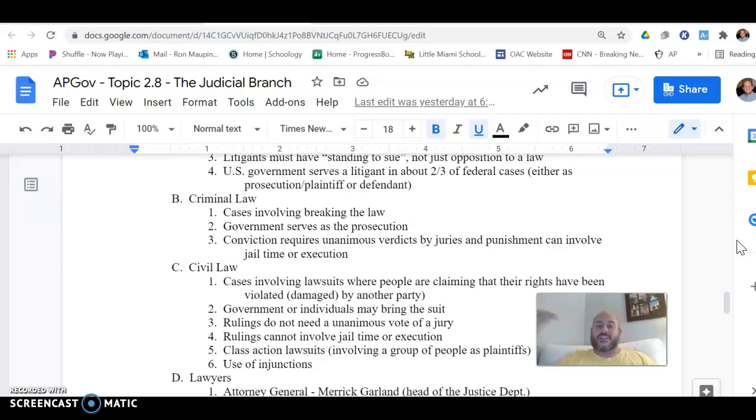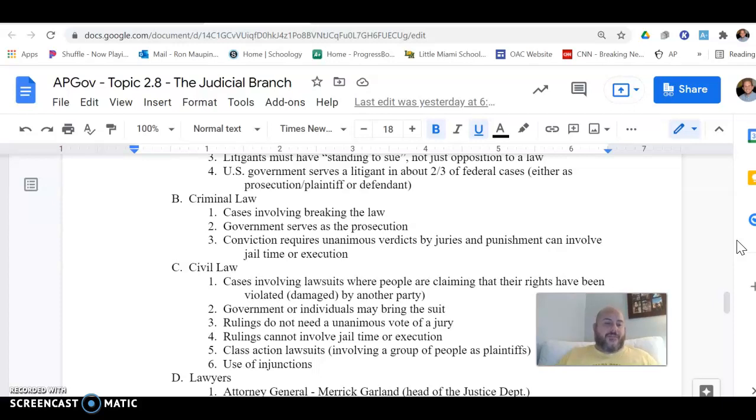In other words, suspend the law pending a higher court's review of it. In other words, kind of pausing the ability to enforce that law until it's actually been ruled on in terms of whether or not it is a violation of one's rights.